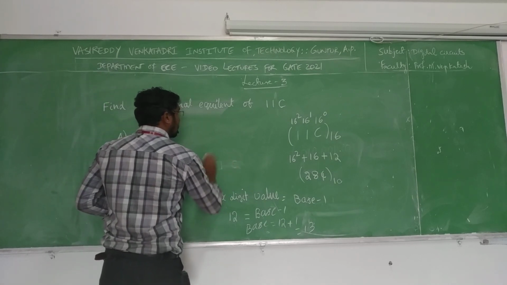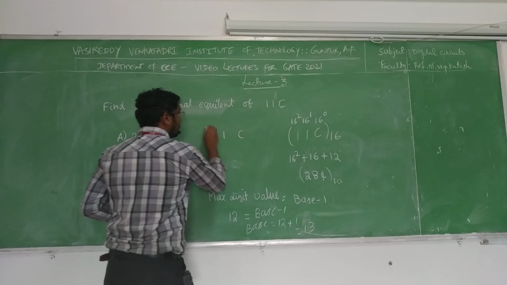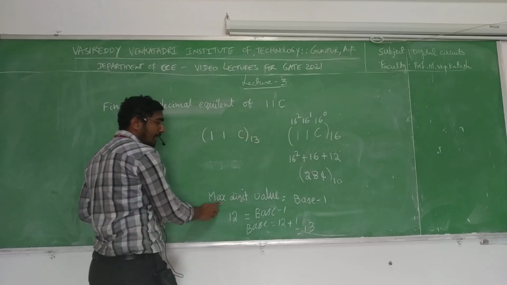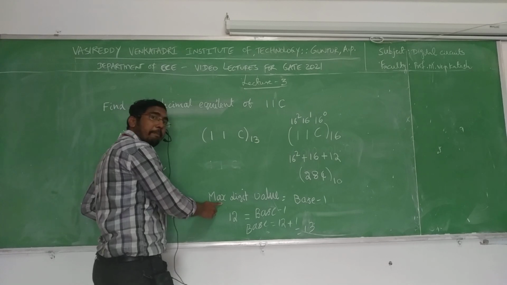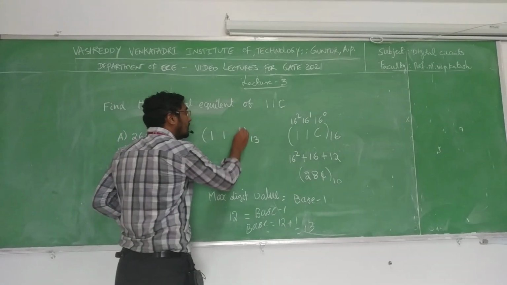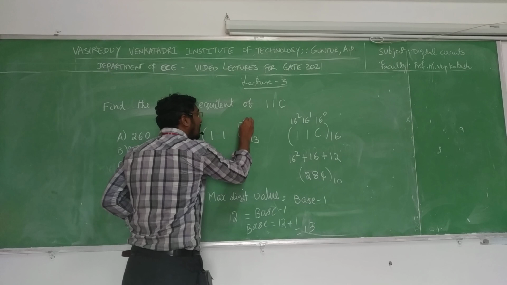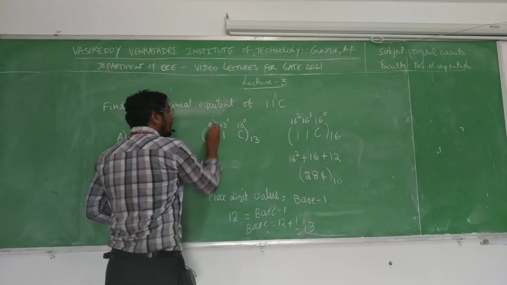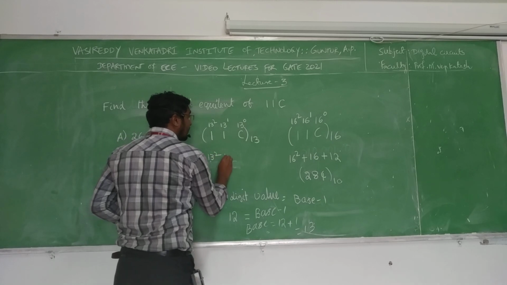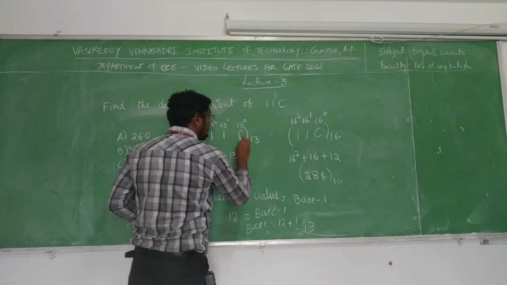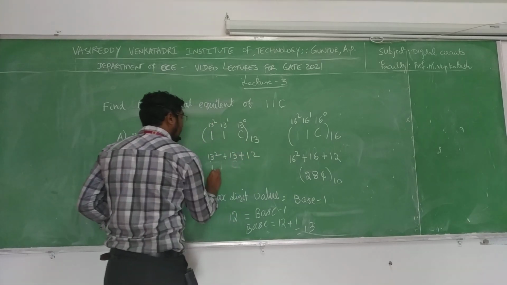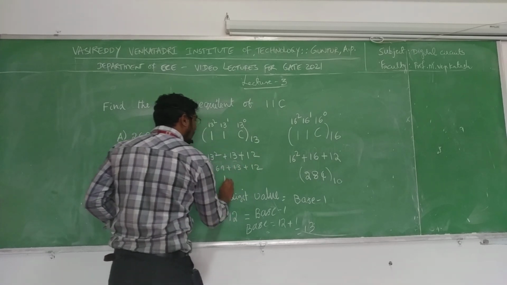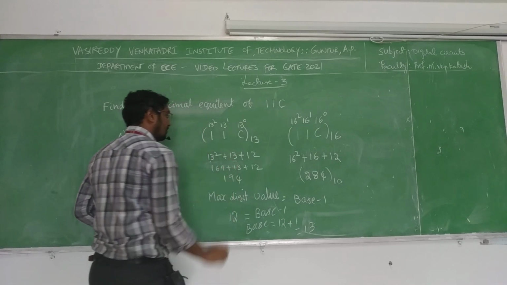So 13 is the base. Try to understand how we found the base by using the relationship between base and maximum value. Now with base 13, I use the power formula: 13 power 0, 13 power 1, 13 square. 13 square plus 13 plus C, so it's 169 plus 13 plus 12, which is 194.